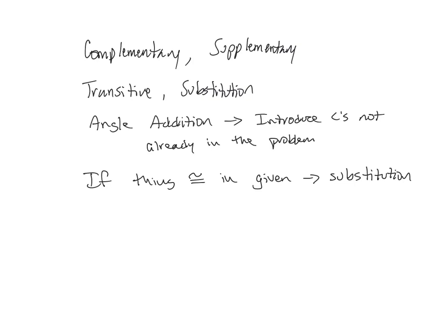It's just the way that it works, or it could be a transitive situation. So when something is congruent in the given, like that one that I just did, you're going to use substitution or transitive potentially, depending on the problem. But usually that indicates a substitution.